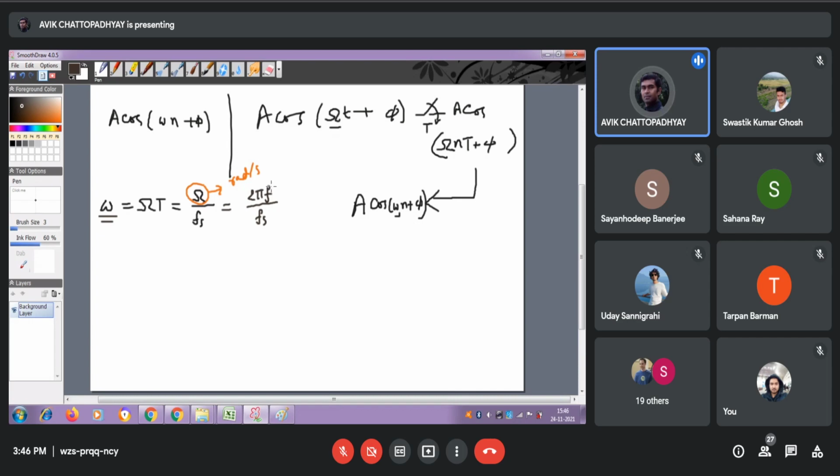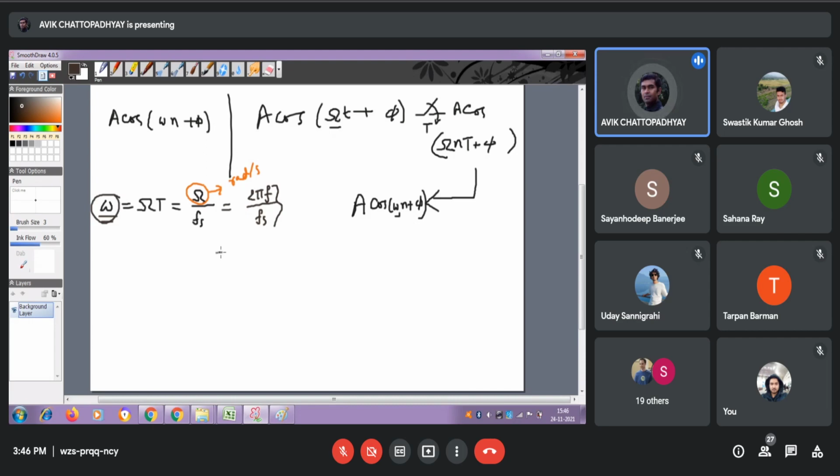Now this is basically a ratio of the same types of quantity. 2 pi is just a number, and f and fs have the same unit, so it is unitless. The ratio of the same kind of parameters, so you can omit the unit, and omega is simply a unitless or dimensionless parameter.